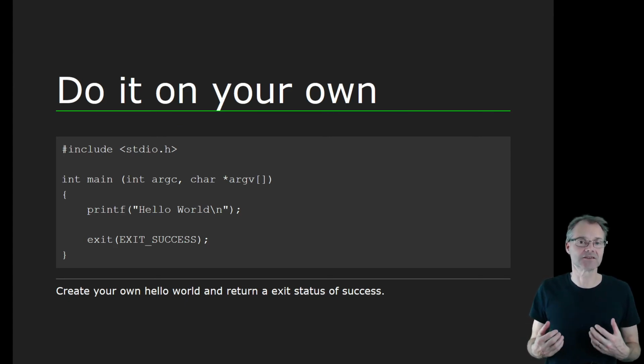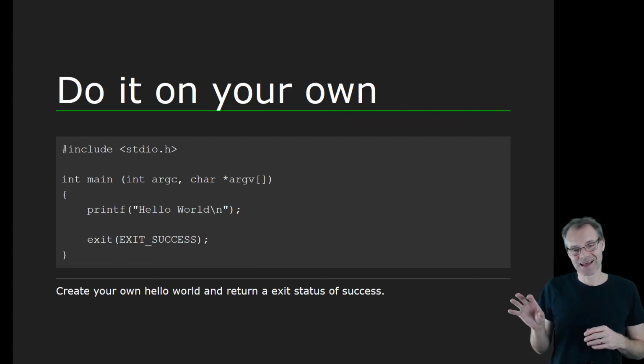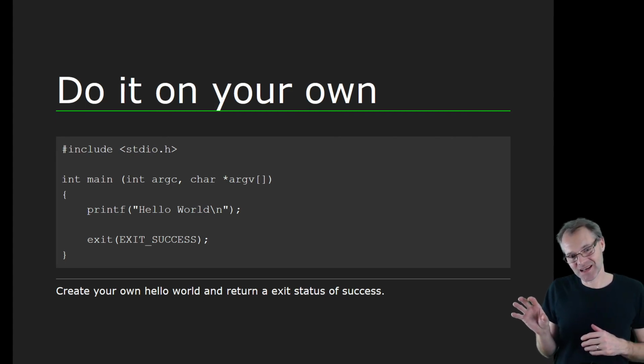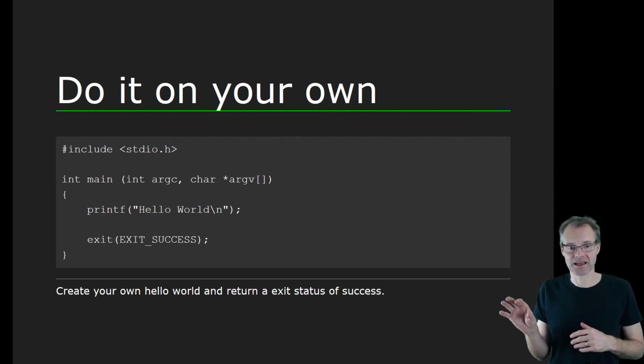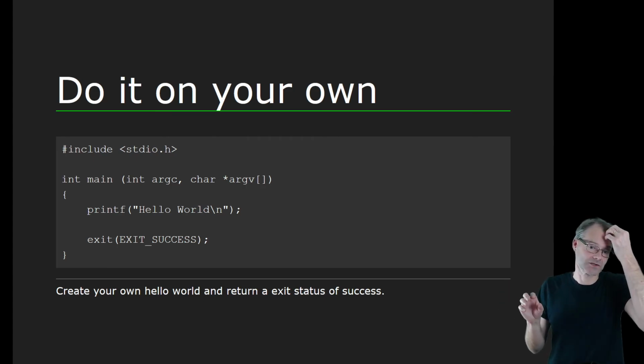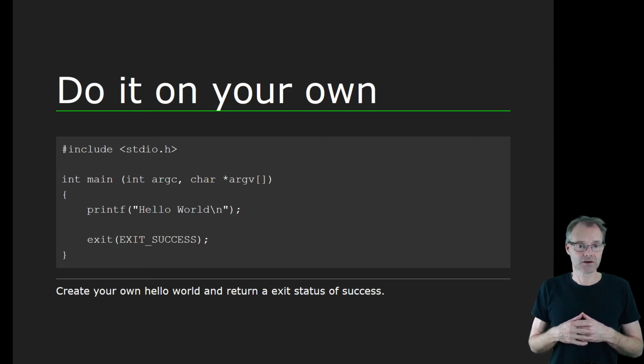In this program I'm doing exit with EXIT_SUCCESS, and if I look in the header file, I will find that EXIT_SUCCESS is defined as 0, and there is also EXIT_FAILURE that is defined as 1. I could look that up in the header file. So this is just printf hello world, exit 0 success.